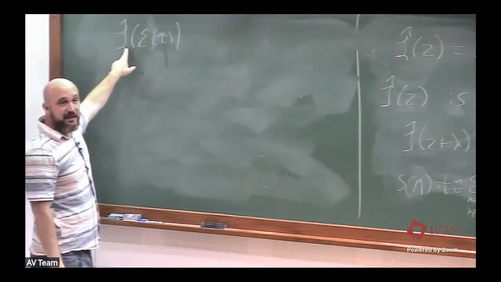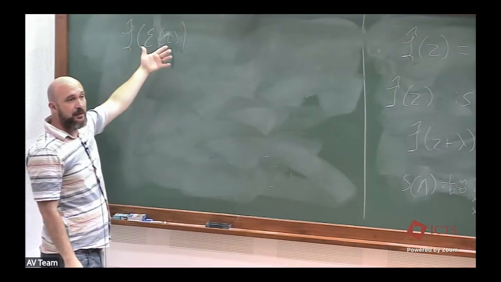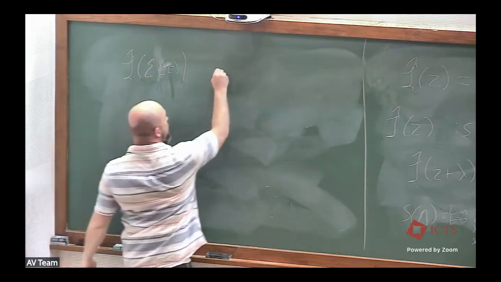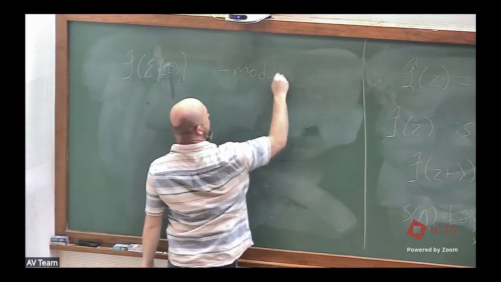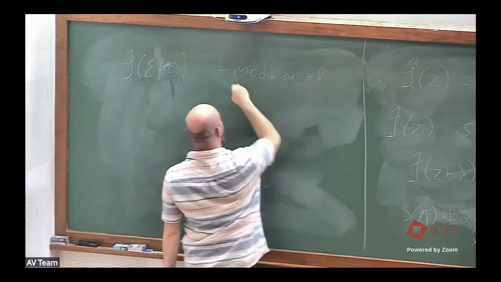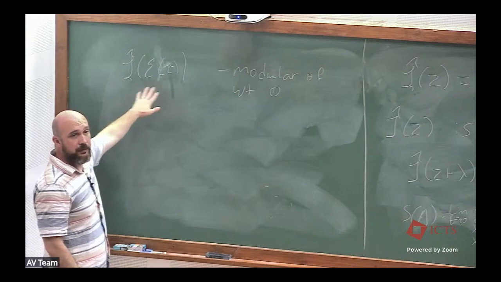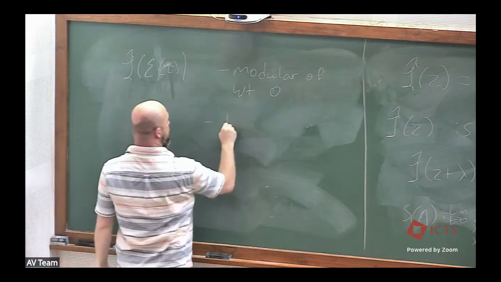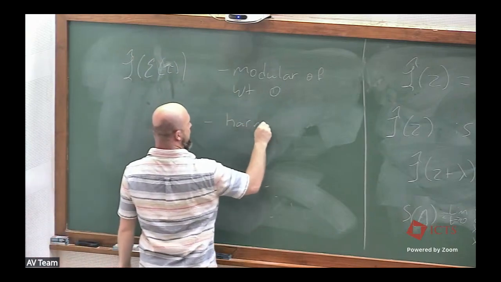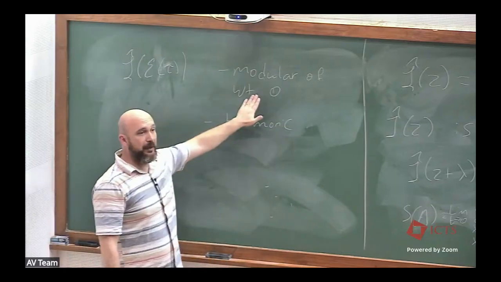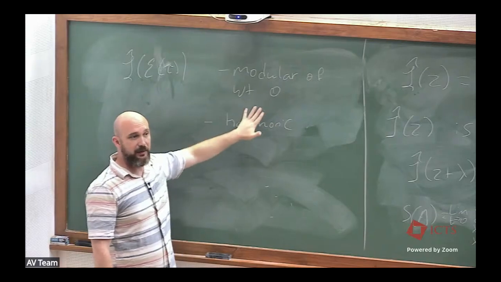The corrected zeta function is invariant under the shift by a lattice point, and so this is modular of weight 0. Moreover, it's harmonic, at least at every point that we don't have a singularity.